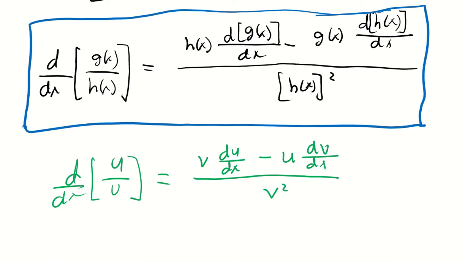There's also a mnemonic used before. They say it's low d high: low, the denominator, times the derivative of the high, low d high minus high d low, over low squared.